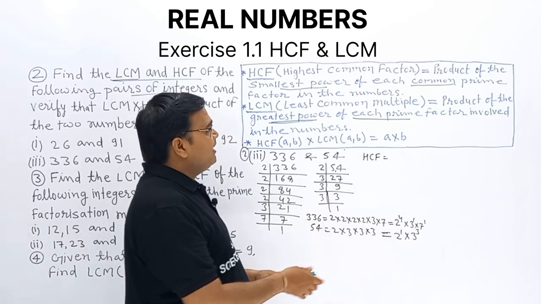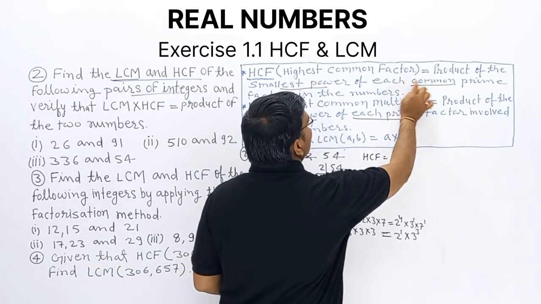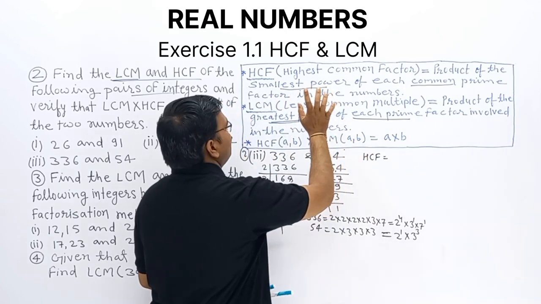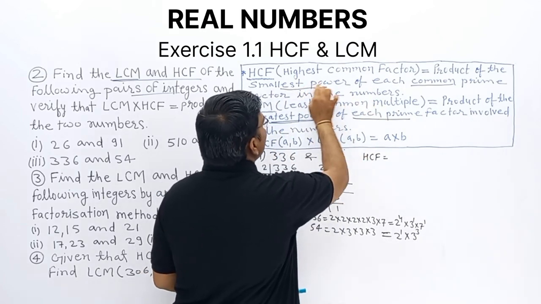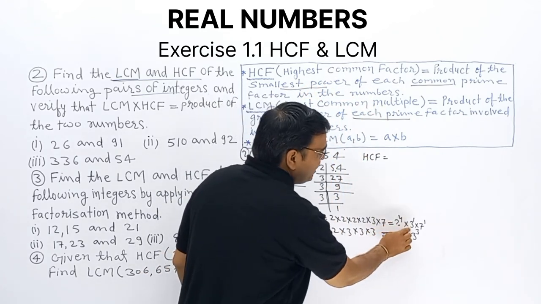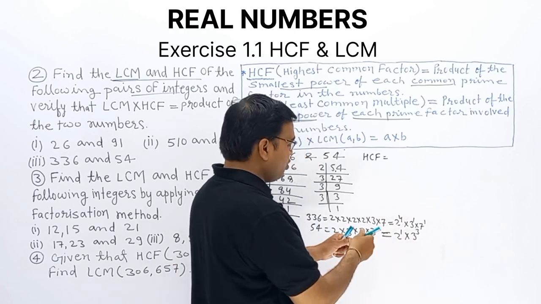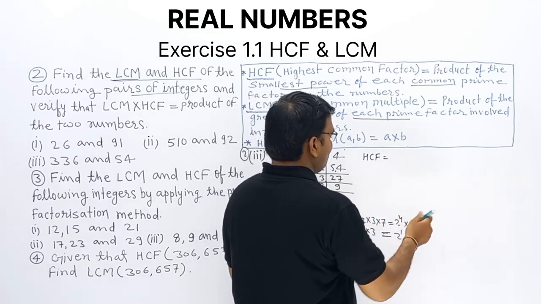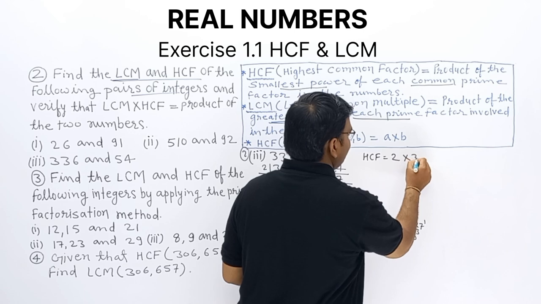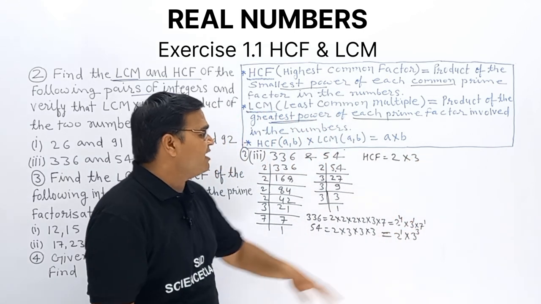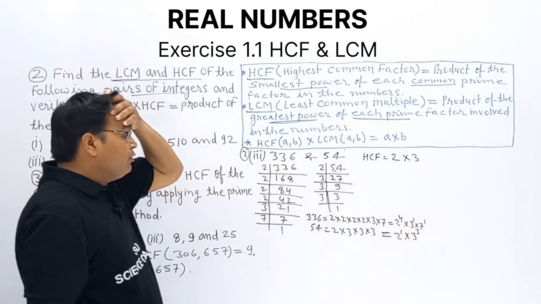So in the common primes, for each common prime factor we will use the smallest power. तो यहाँ पर ये जो common है, common की smallest power. common क्या क्या है यहाँ पे? यहाँ पे common है 2 और 3, इसके अलावा नहीं है. 7 is there but 7 is not there, so we cannot use 7.